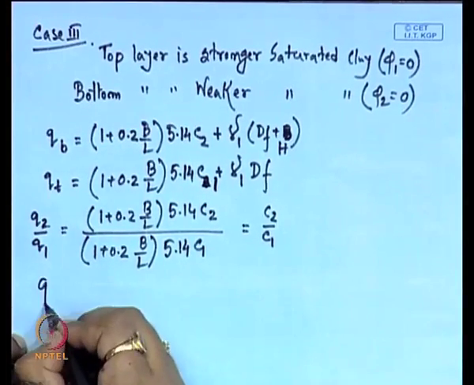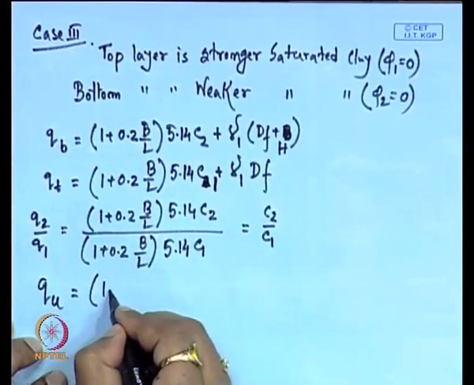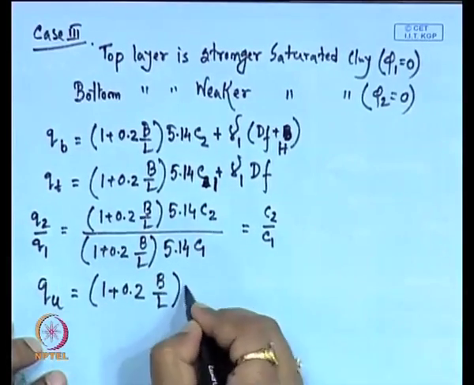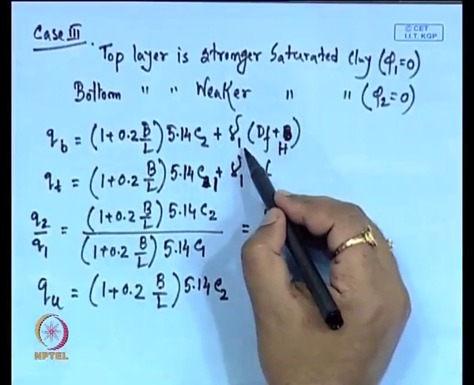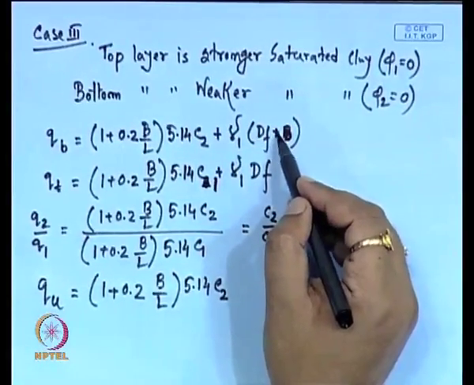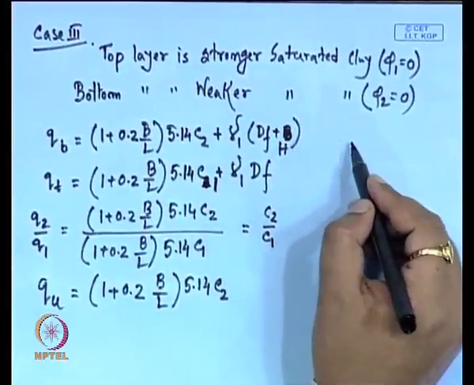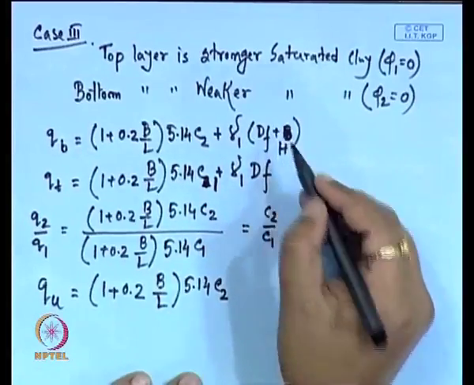Now ultimately the Q u, the Q b expression, is 1 plus 0.2 B by L into 5.14 C 2. Again gamma 1 D F plus gamma 1 H is present and one is minus gamma 1 H, so both are cancelled, so only gamma 1 into D F will be present.